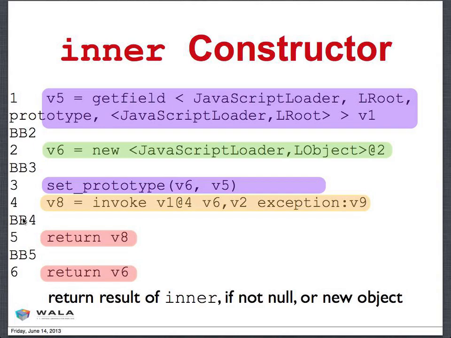I think the other place would be the get prototype instruction that you mentioned before. Right. The way we interpret that operation in the IR is as transitively all possible prototypes of this object.